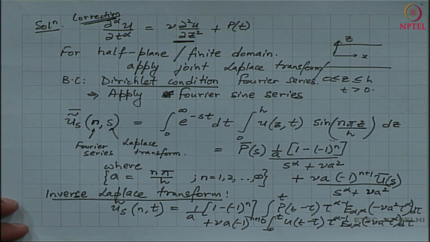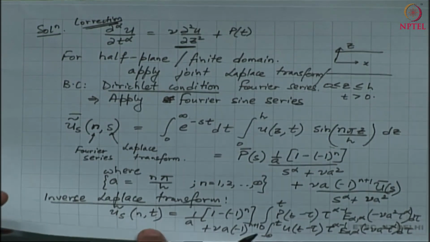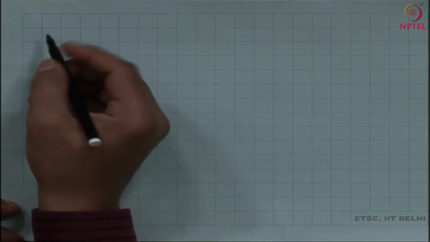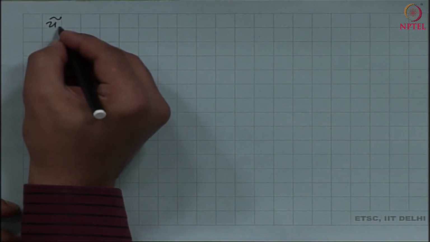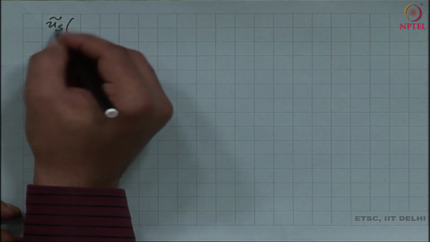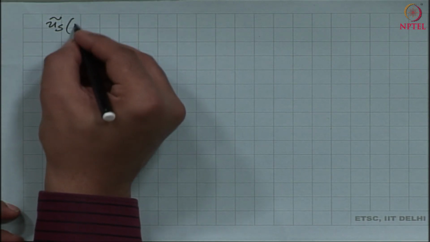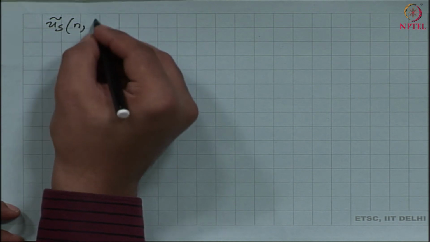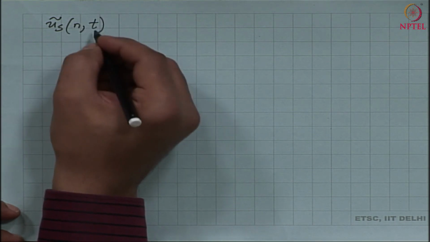Okay, so let me just rewrite this expression to show you the stage of the solution here. After rewriting, my solution has still not arrived. This is the solution in the transformed Fourier space, but in physical time.